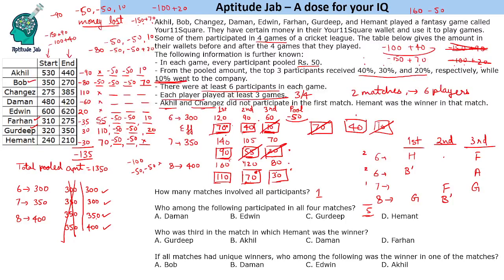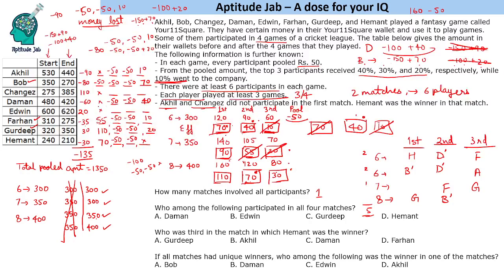So this was Bob, this is Daman. Daman will lose 15 one match, 15 another match, and gain 40 in one of the matches. So Daman could be this person or this person, right? So Daman is also done.